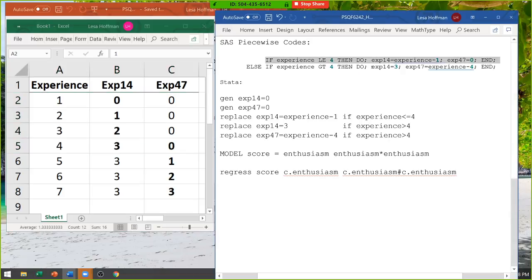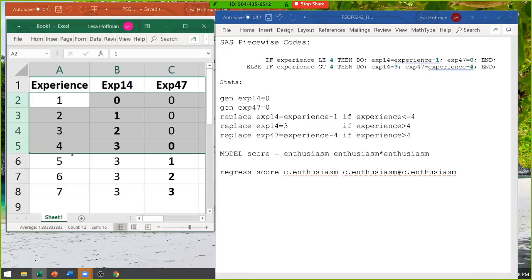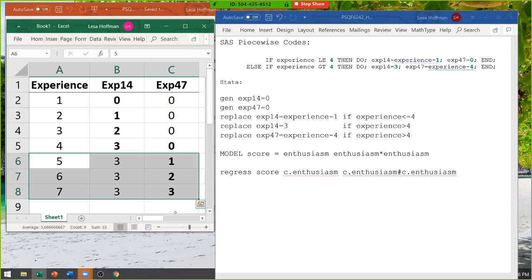If it's 5, 6, or 7, then set the first slope equal to 3 because it would have shut off. And then the second slope is experience minus 4 because 4 is where it picks up. So it's like 4 is the 0, so to speak, for the second slope. It's the reference point. And so then that picks up that second part.